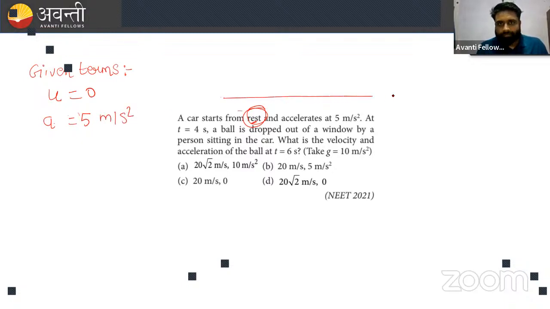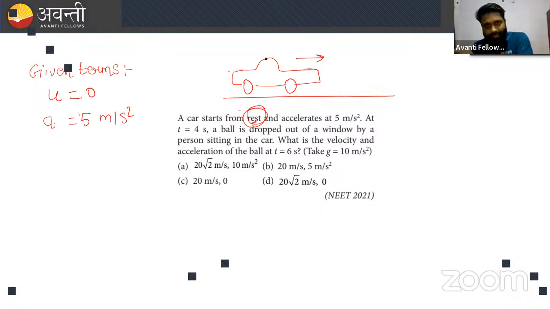अब ये जो कार है, this car is given to us. This car is moving in this direction. So ये जो कार है, it is accelerating at 5 meter per second square. अब ऐसा तो नहीं है कि कार उड़ रही होगी, चल तो रोड पे रही होगी. So it is moving on a straight road.